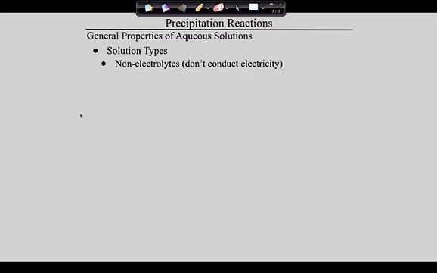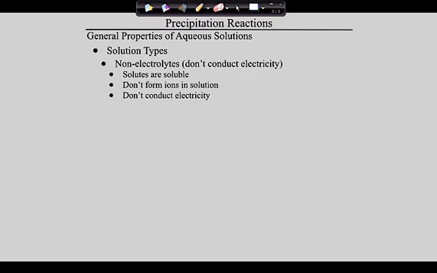Now let's talk about things dissolving into that water. First of all, if we have a non-electrolyte, does it dissolve into the water? Absolutely. But what it doesn't do is form charged particles. We call these non-electrolytes. So non-electrolytes are things that do dissolve, but they don't form ions.